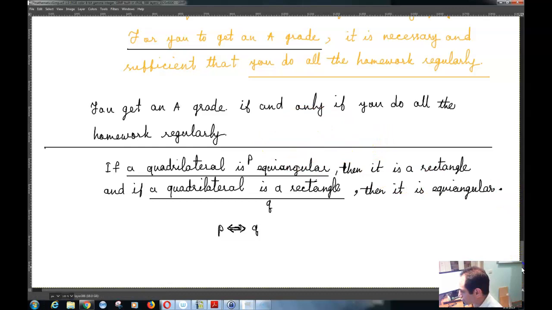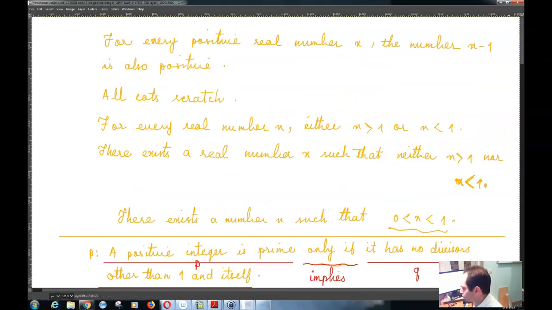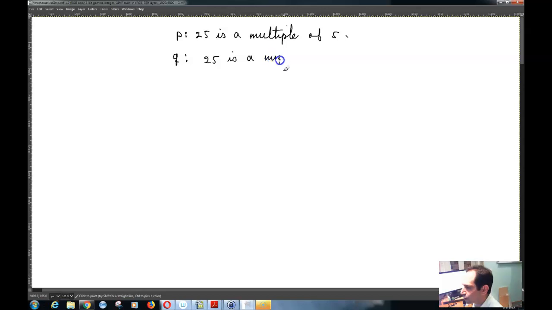Suppose the statements are: P is 25 is a multiple of 5, and Q is 25 is a multiple of 8.